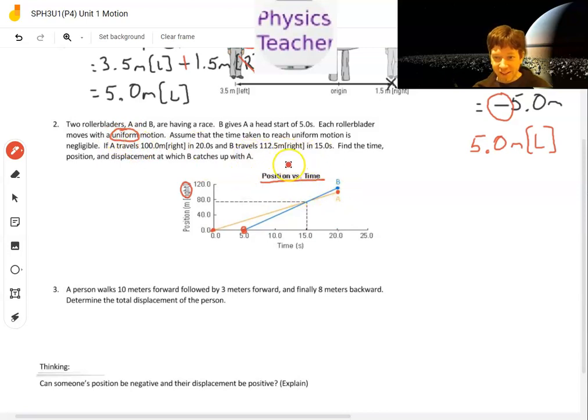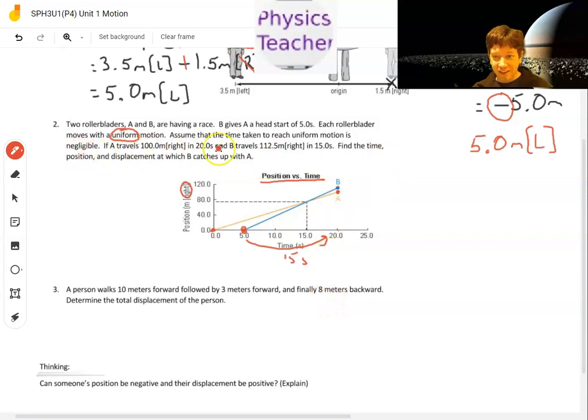And B travels 112.5 meters in 15 seconds. So at 20 seconds, the reason why we do 20 is because that's 15 seconds after they started, they moved a total of 112. So we put a mark right there, 112, and then connect them.